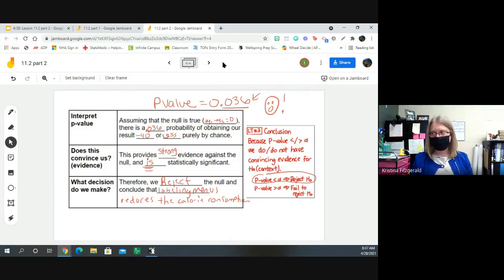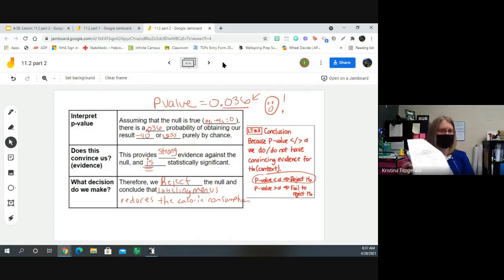Okay, so while you're writing this hypothesis, this conclusion, or jotting down some notes, tomorrow's assignment is already posted. It's basically the check for understandings that are in your packet. You're going to try out a couple of the tests, the full 4 steps, and make sure you're good.